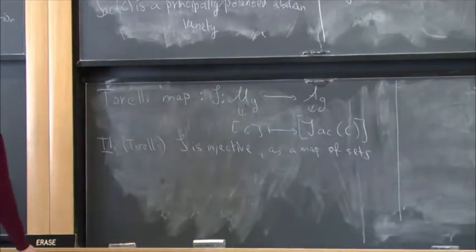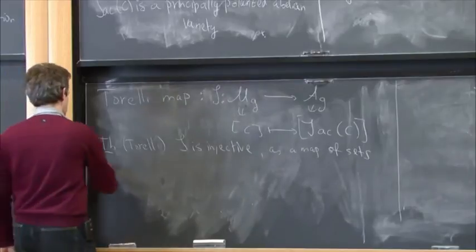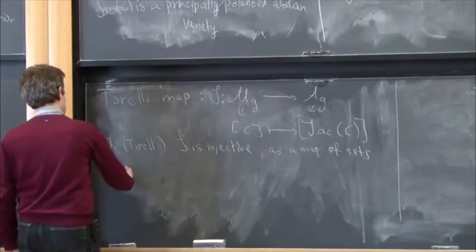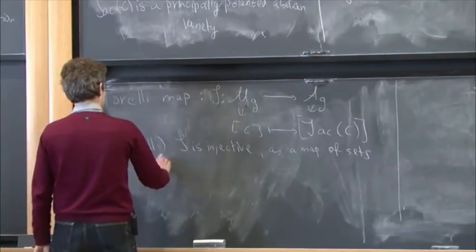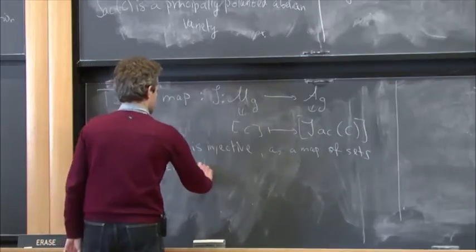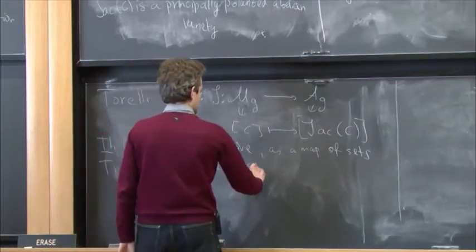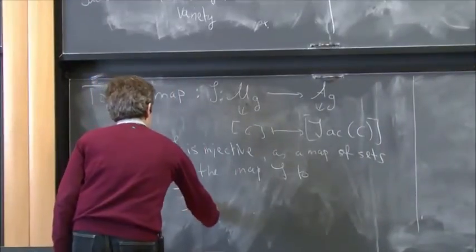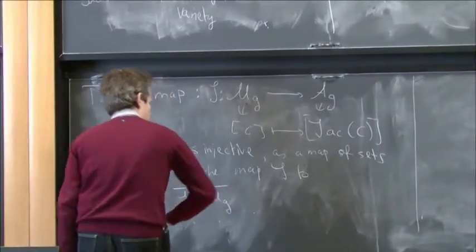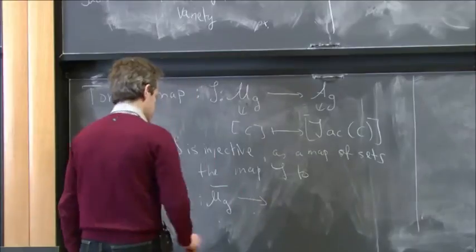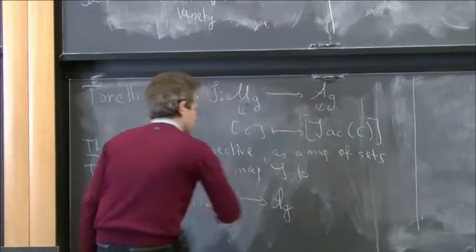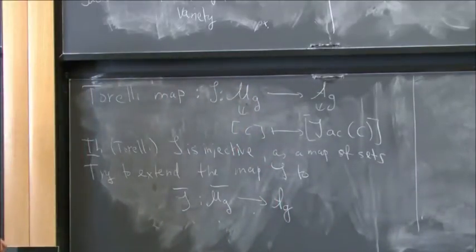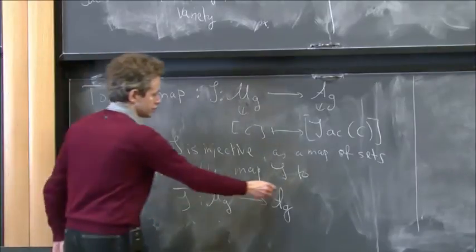What we do want to do is try to extend the map J to a map J bar from M_g bar to somewhere. Well, hopefully it will be an extension, so this means it will be some compactification of A_g.